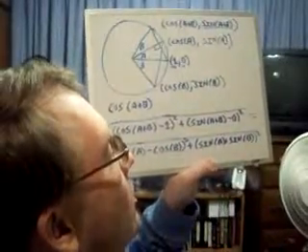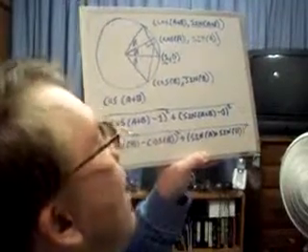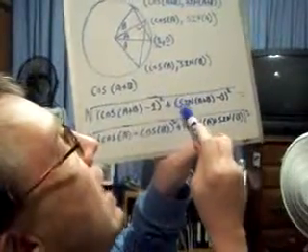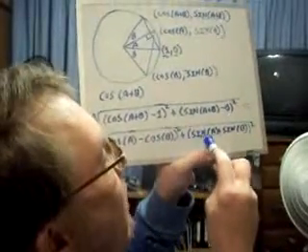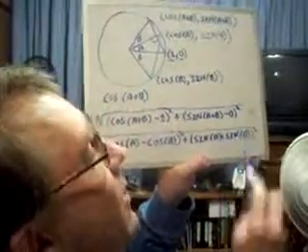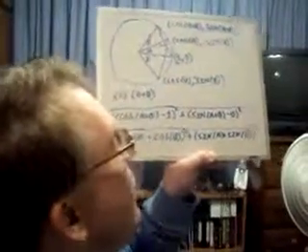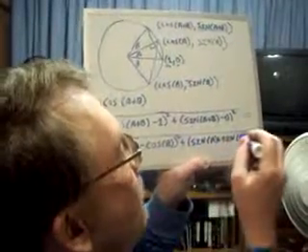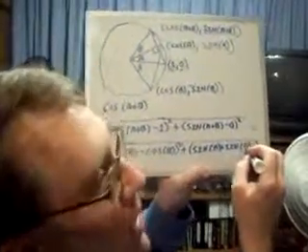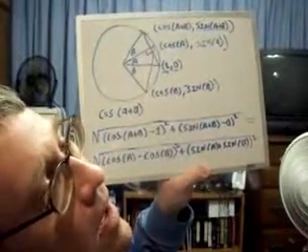Okay? So, you say, well, in this one, you had the sine of A plus B minus 0. Down here, you have the sine of A plus the sine of B. How is that possible? Here's how that works. Normally, you would take the sine of A and subtract the sine of B. But the thing is, that sine of B is already negative.